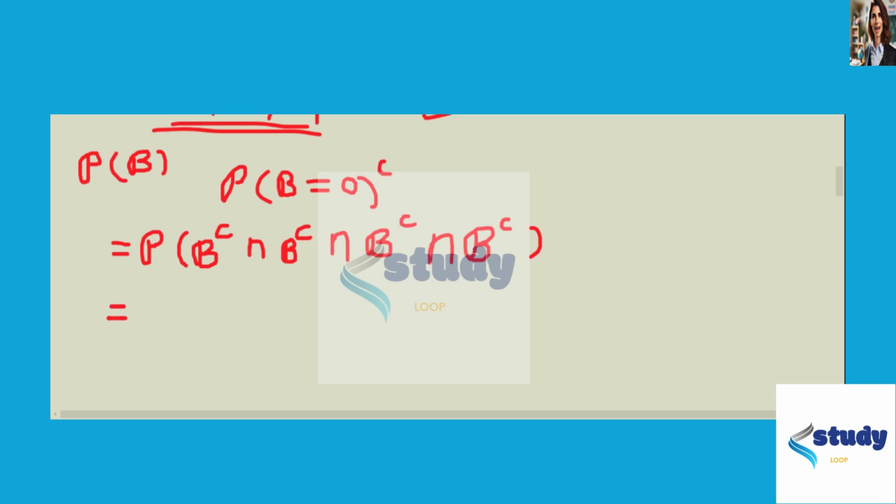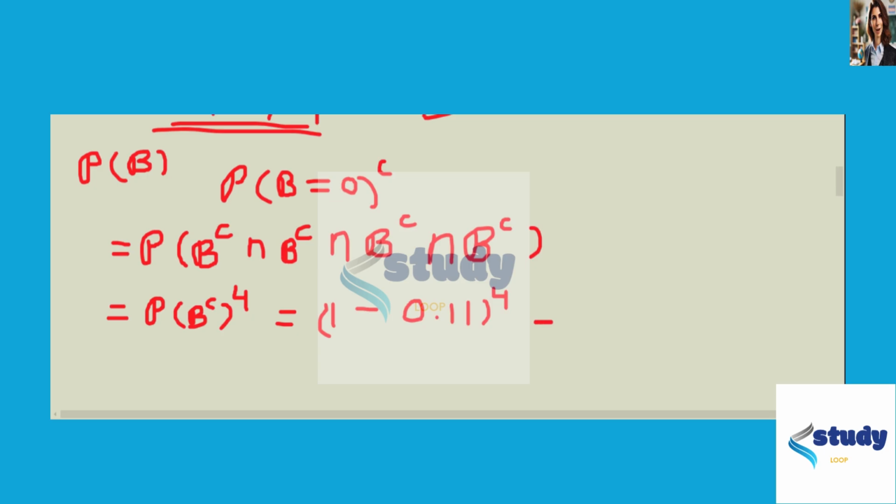This is equal to, as the four persons are independent of each other, probability of B complement raised to 4 using the multiplication rule for independent events. Now, probability of B complement is 1 minus probability of B, that is (1 minus 0.11) raised to 4.